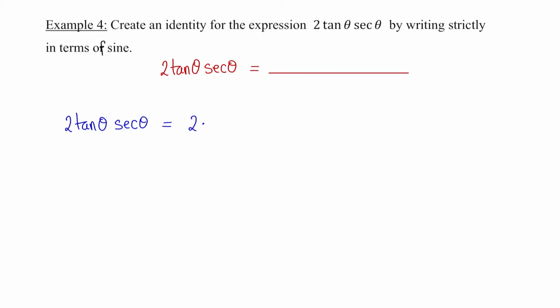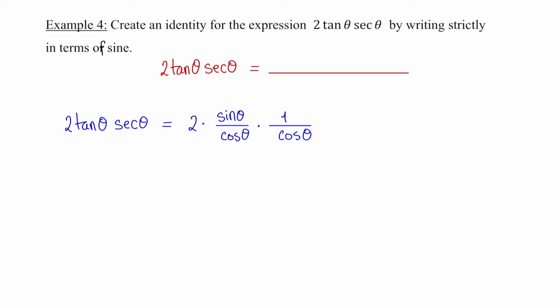Tangent of theta is sine of theta over cosine of theta. Secant of theta is 1 over cosine of theta. I'm not done yet because in this, there is cosine, and I'm not allowed to have cosine. So I'm trying to find a way to replace cosine with sine. So what I'm going to do is multiply them across.